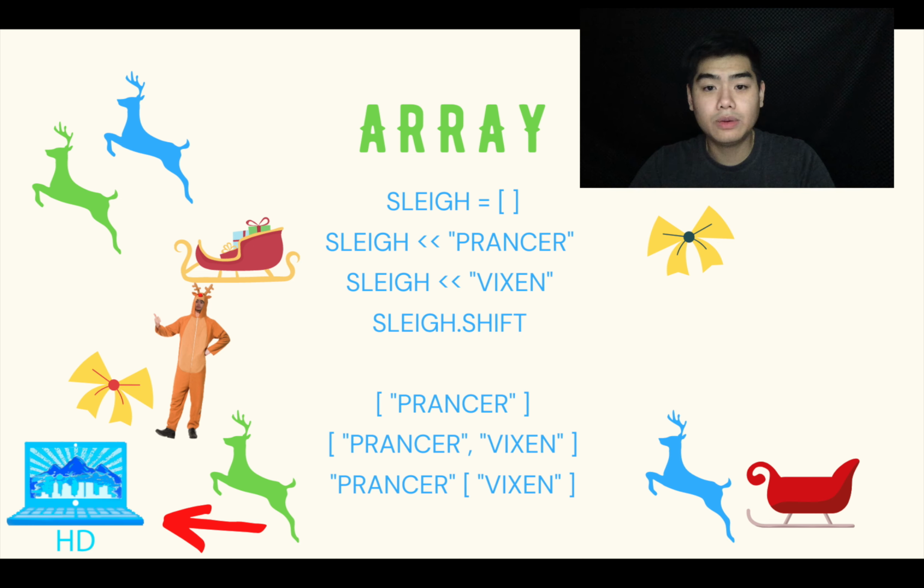That is how it will work within an array, following the FIFO ordering where first in, first out is implemented. And again, these are just two ways that you can implement it. There are a lot of ways that you can implement a queue, but these are the most common ones that you are able to use.